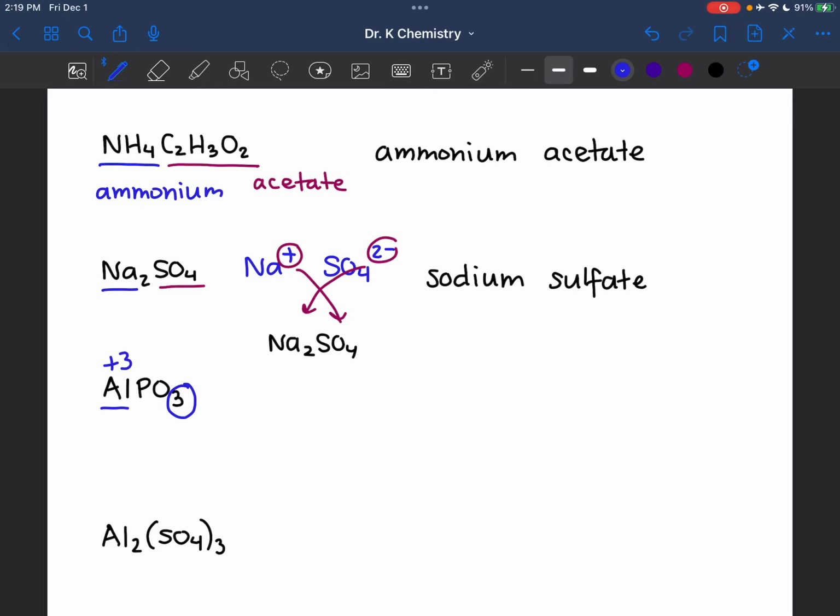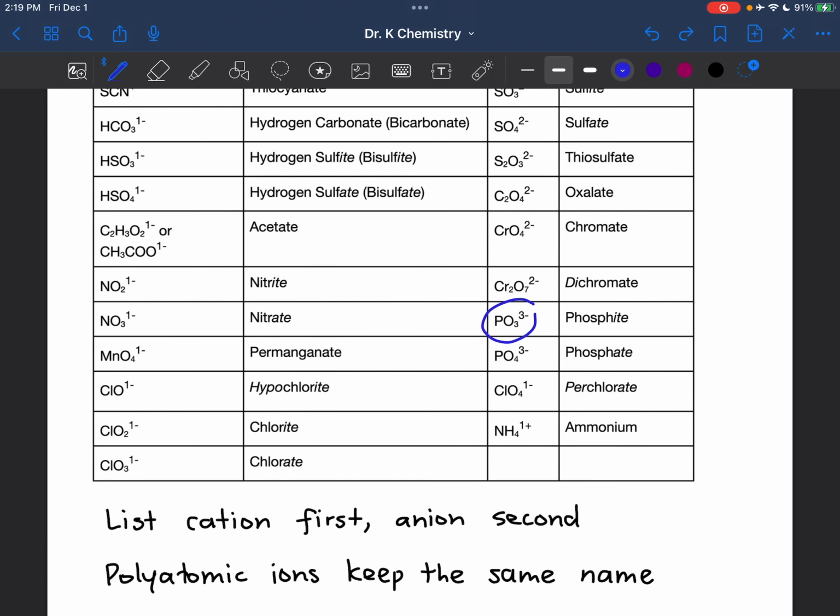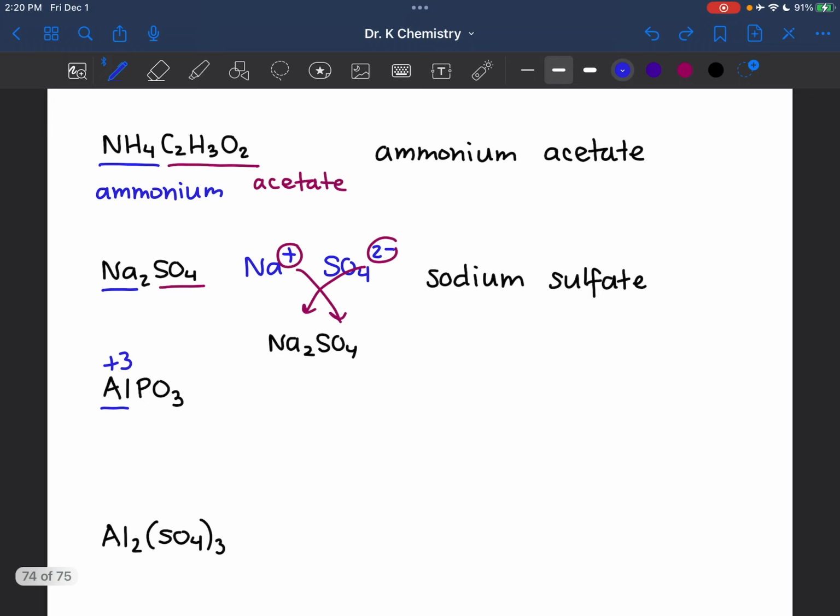And here is where it's really important to be able to recognize the polyatomic ion because this most closely matches phosphite. And notice that phosphite has a -3 charge. So what this is really saying is that we have one phosphite in the formula, but we're just not indicating that. And that charge on phosphite canceled out the charge of aluminum. So you would just call this aluminum phosphite.